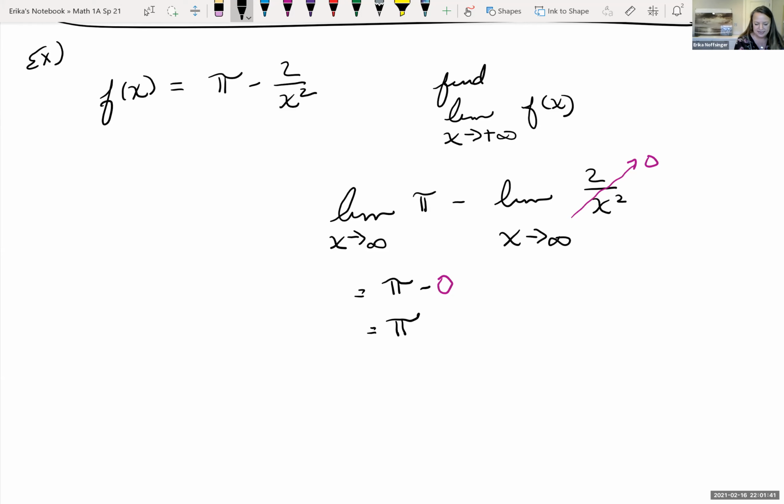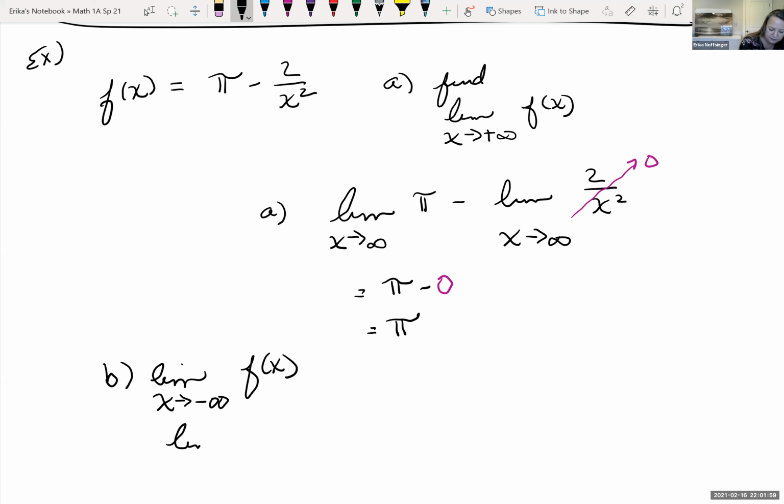And same idea when I'm looking at the limit as I'm going to negative infinity. So if I look at b, the limit as x goes to negative infinity of f of x. Well, this is the limit as x goes to negative infinity of my first function, pi, which is just a constant, minus the limit as x goes to negative infinity of the second, which is 2 over x squared.